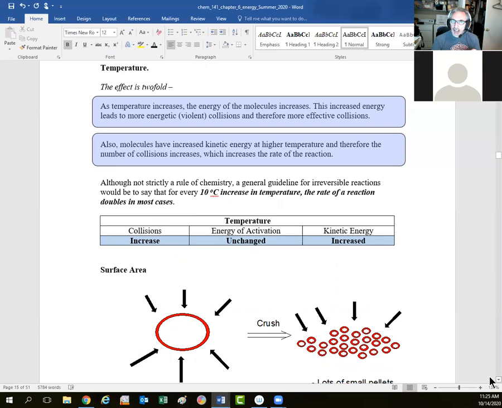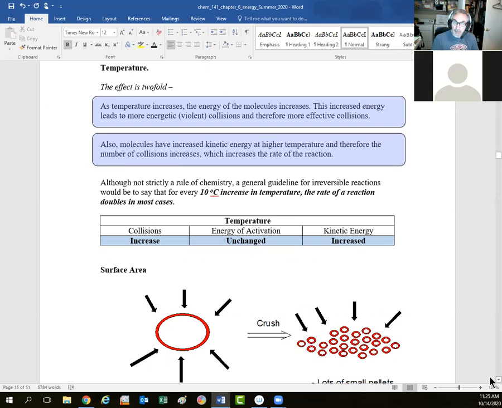That temperature increases the kinetic energy of the molecules, and molecules with more kinetic energy are moving faster. So when the molecules collide, if they're moving faster, they collide with more energy. So more of the collisions will have that energy of activation.